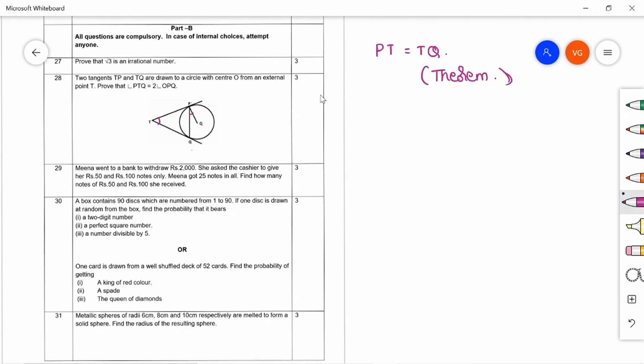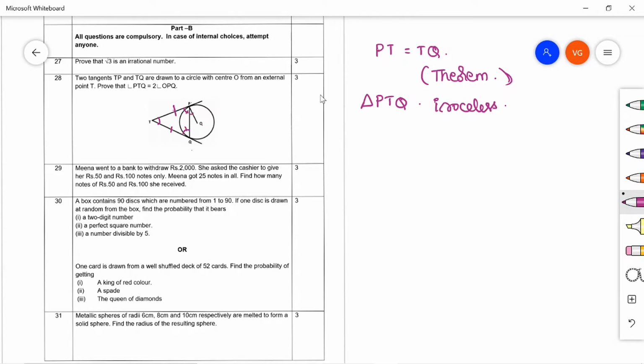Now if these two are equal, consider the triangle PTQ. Two sides are equal, means it's an isosceles triangle, right? In an isosceles triangle, we know the rule, the angles opposite to the equal sides are equal. So these two angles are equal, right?